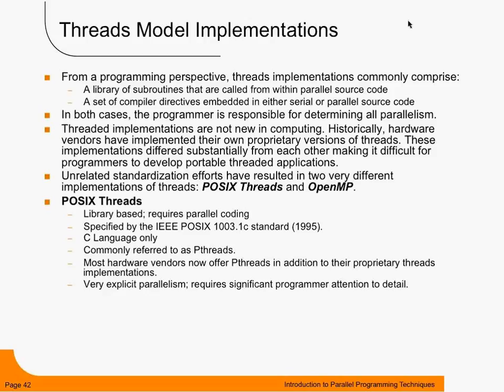For the threads model implementation, there are two popular libraries. One is called pthreads, and the other is called OpenMP. Pthreads is only available for the C language, but if you use another language such as Fortran, there are wrappers available, so you can use the wrappers and call the library.